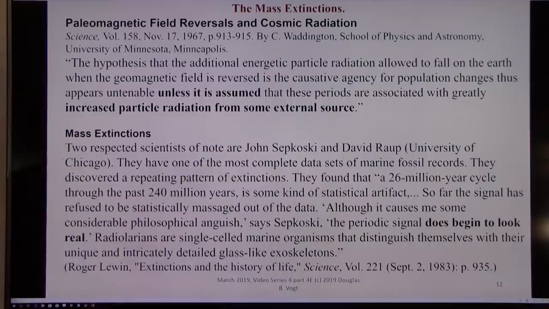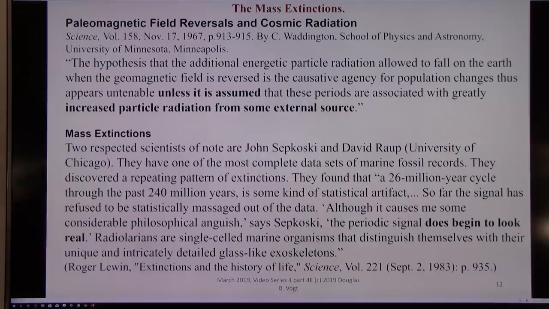Mass extinctions. This is within his paper, by the way. No, this is Roger Lewin, Extinctions and the History of Life. Two respected scientists of note are John Sepkoski and David Raup, University of Chicago.